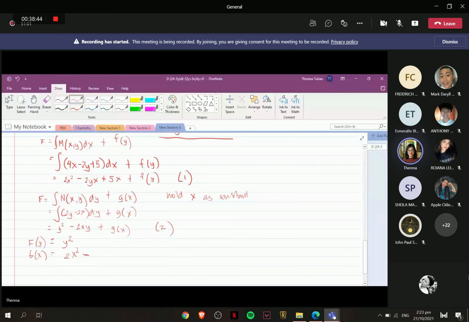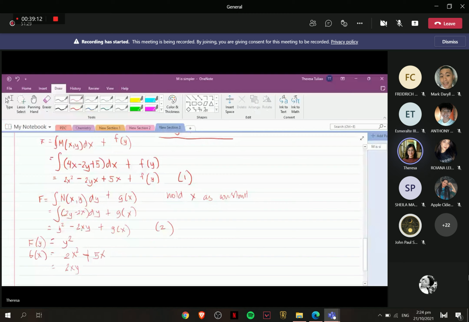Okay? And then, kukunin natin yung common sa kanilang dalawa. So, sino ang common sa kanilang dalawa? We have 2xy. Okay? So, in other words, kukunin natin lahat ng term sa kanila, no? Pati yung common sa kanila. So, common ang negative 2xy.